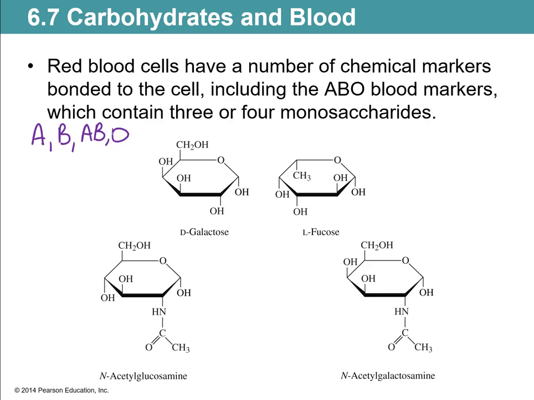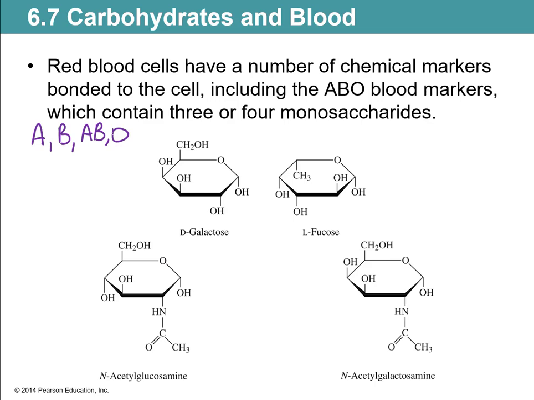The ABO markers are actually talking about carbohydrates on the surface of your red blood cells. They're sugar groups on the surface. Here are 4 of the possible sugar groups, and you don't have to remember their structures or even their names. There's galactose, which you've heard before. There's a couple of odd ones.